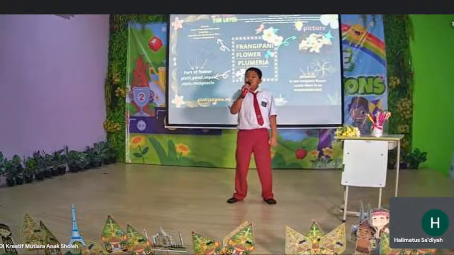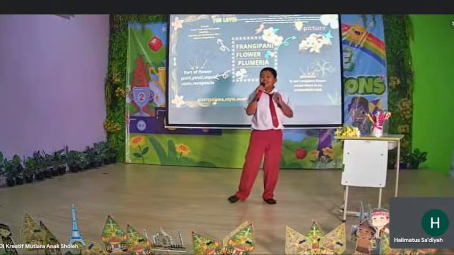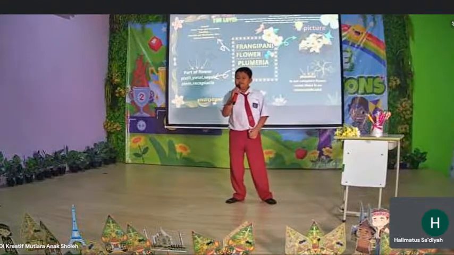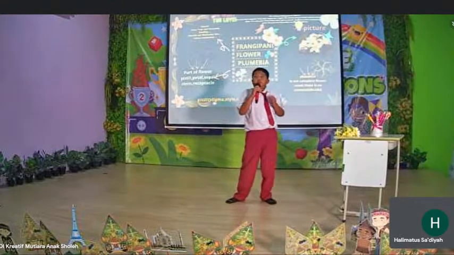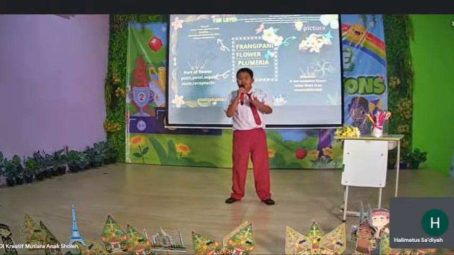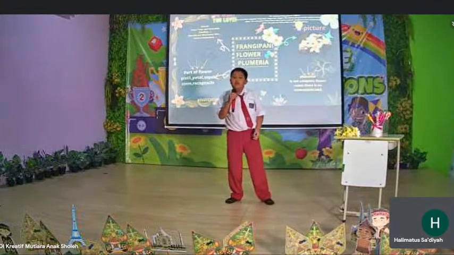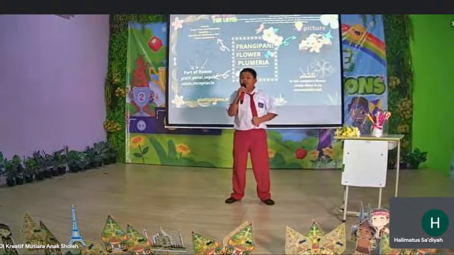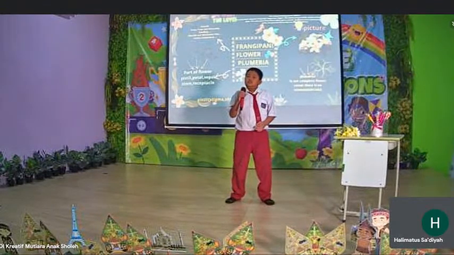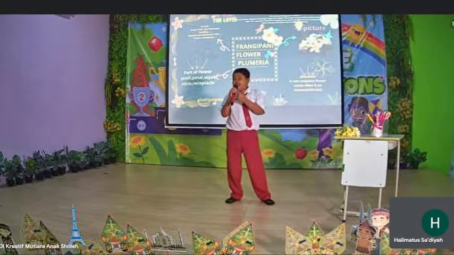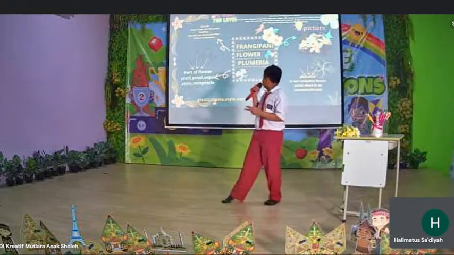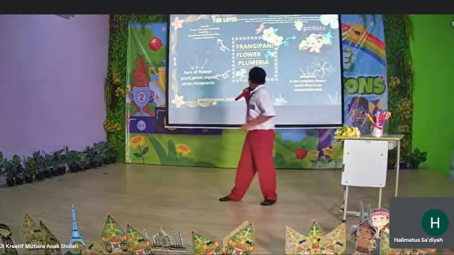So the parts of the frangipani flower are only pistil, sepal, petal, stem, and receptacle, and the parts of the pistil are only four: ovary, ovule, style, and stigma.